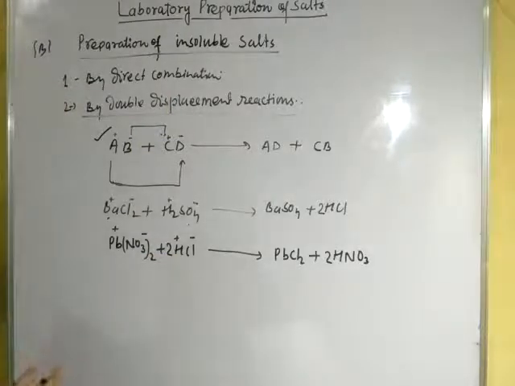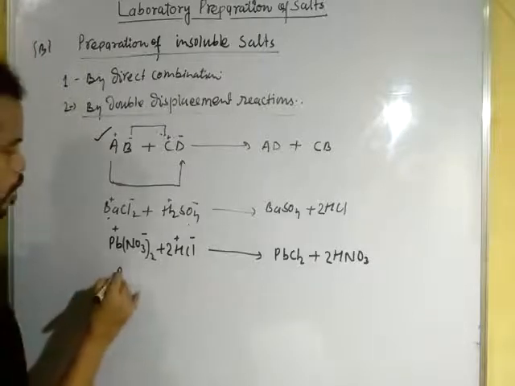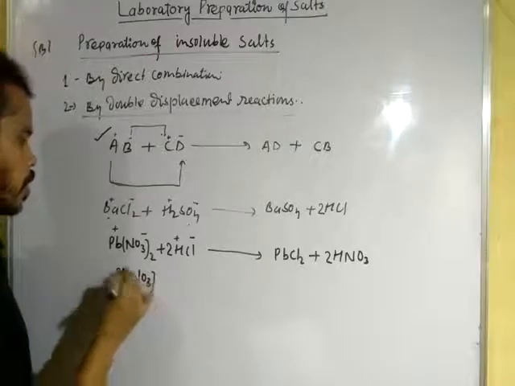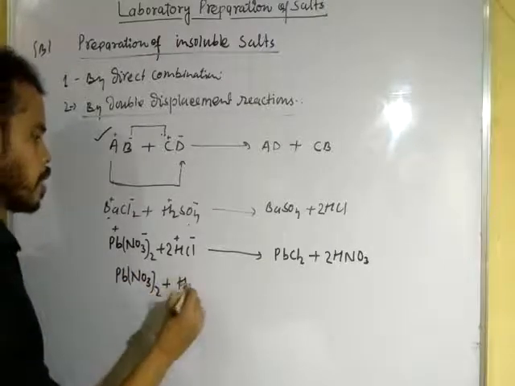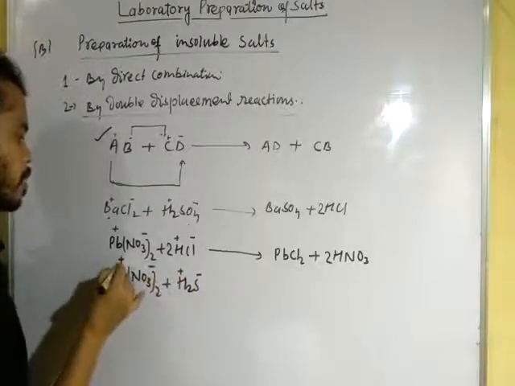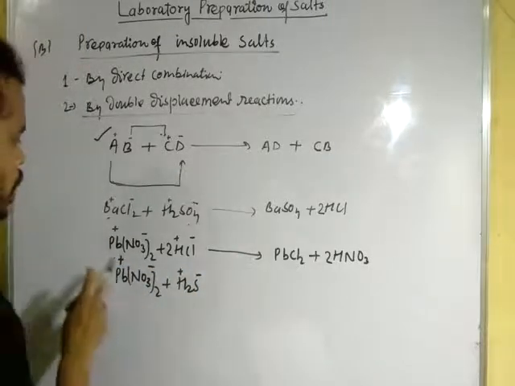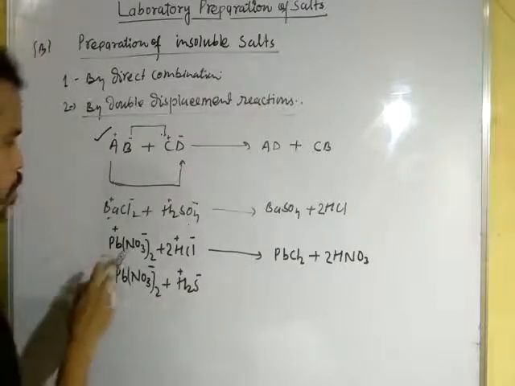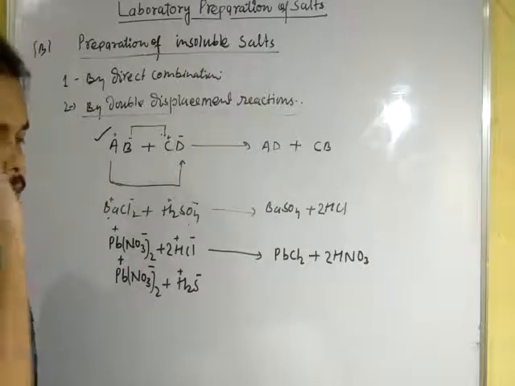So once again, when lead nitrate, Pb(NO3)2, is treated with H2S. This is the negative part, this is the positive part, negative part and positive part. You will not write the positive and negative, keep it in your mind.